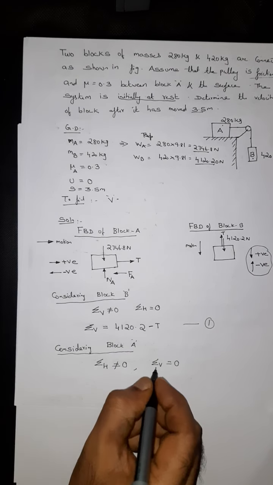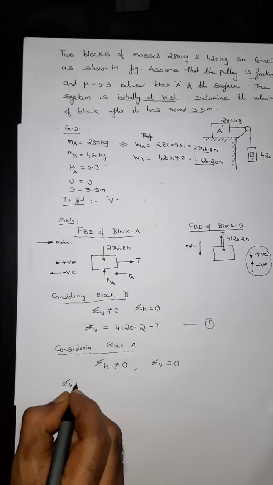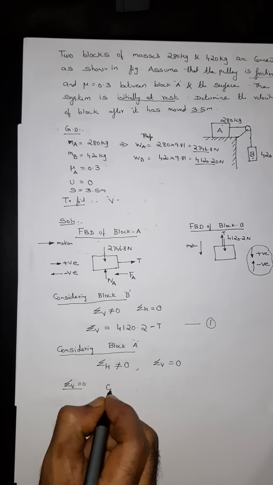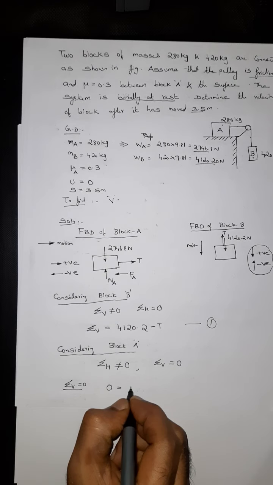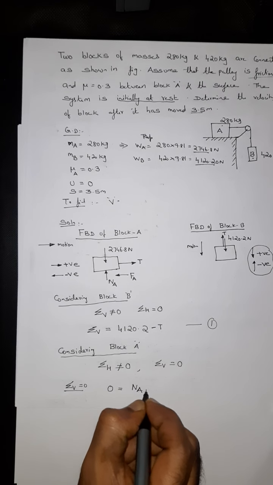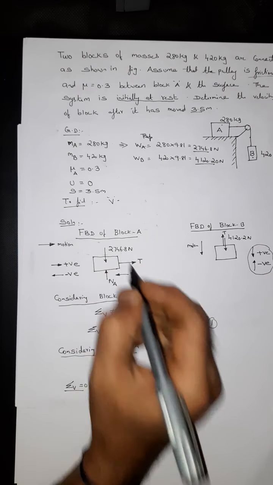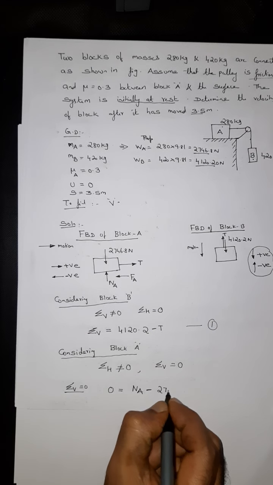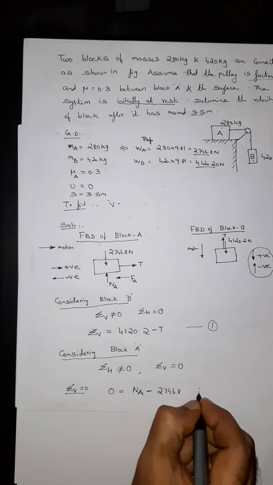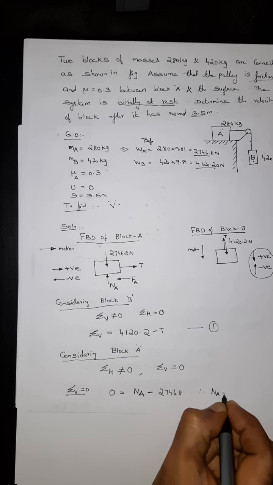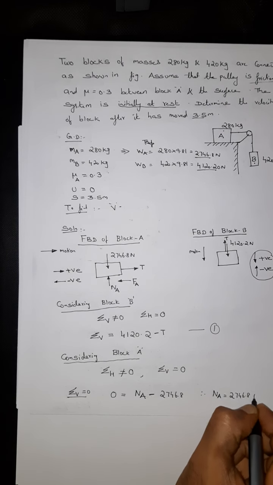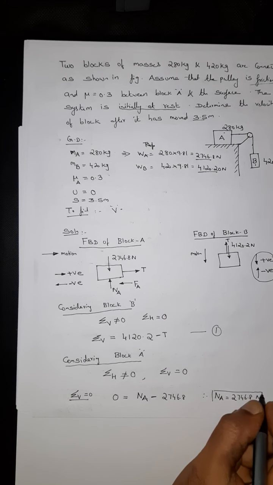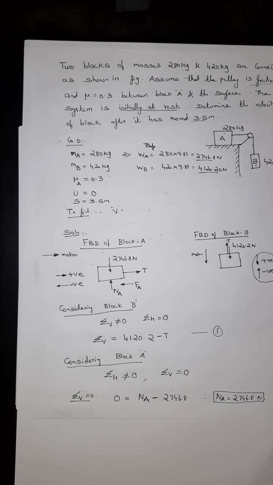Let me resolve the vertical forces first. 0 equal to NA minus 2746.8. Therefore NA equal to 2746.8 Newton. Clear?